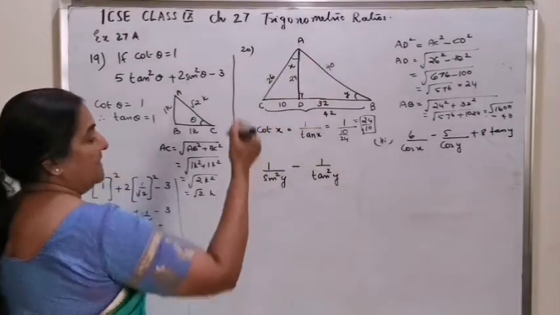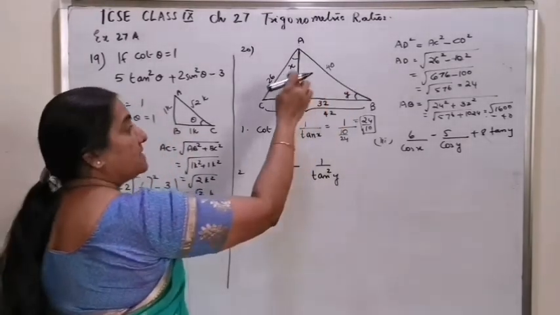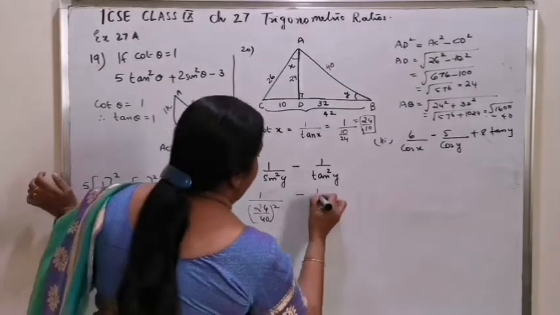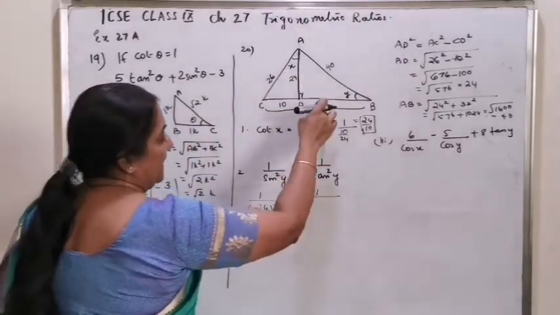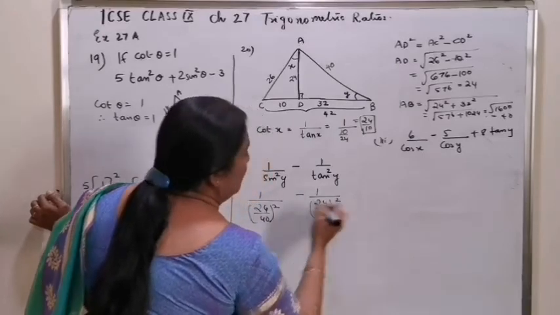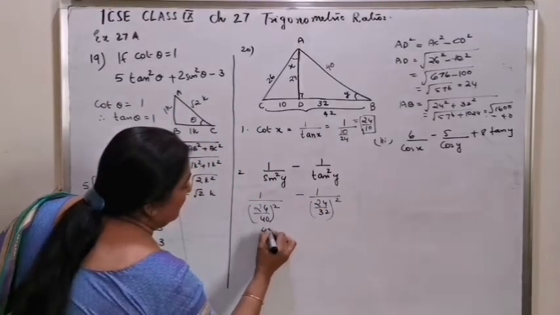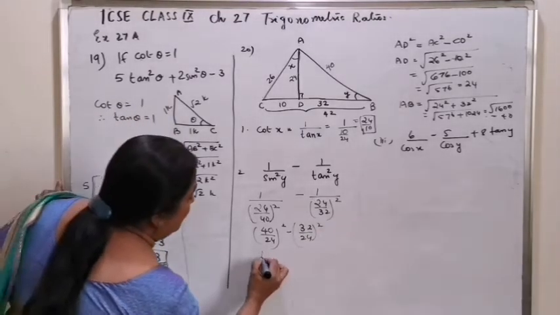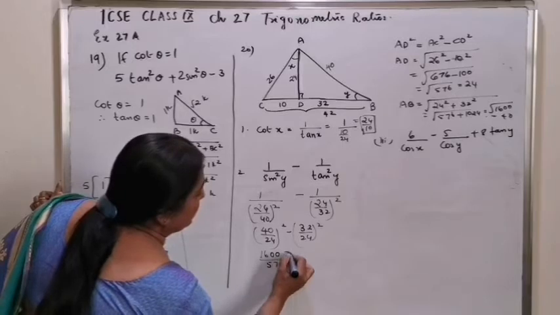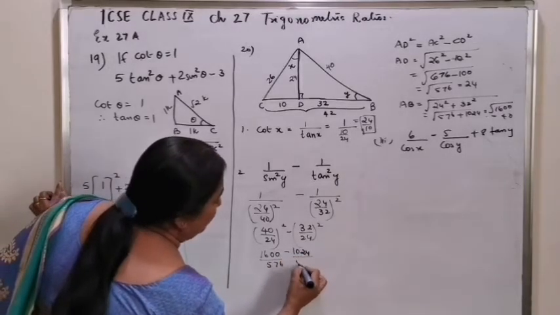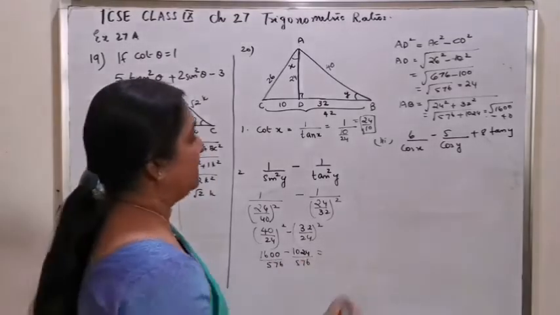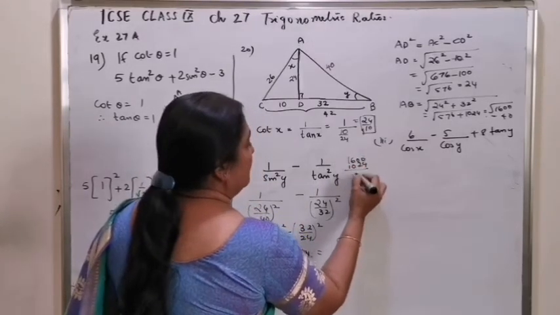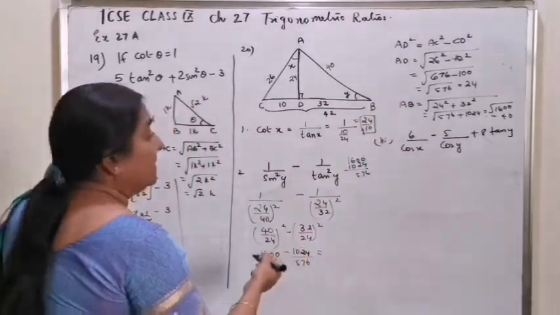Y is in this triangle ADB. 1 by sin y is 40 by 24, so that is 40 by 24 the whole square, minus 1 by tan y, which is 32 by 24, the whole square. 1600 by 576 minus 1024 by 576. 1600 minus 1024 is 576, because it has already been worked out there.